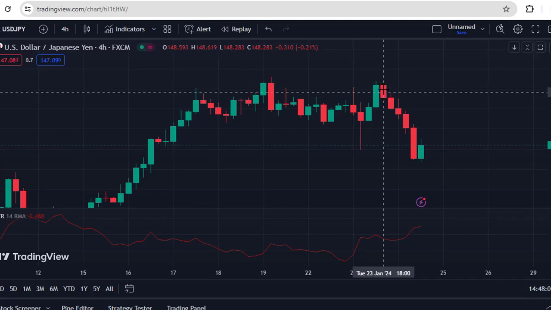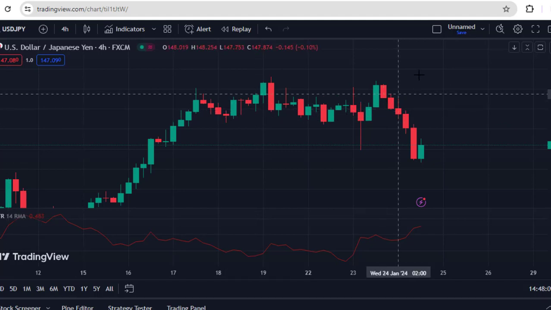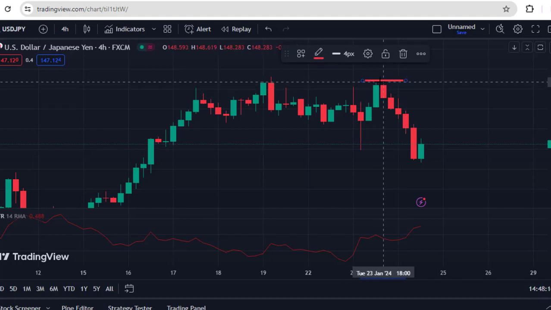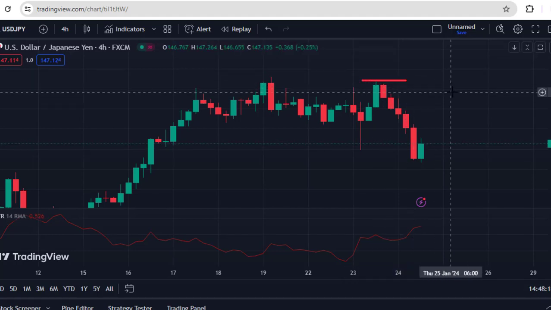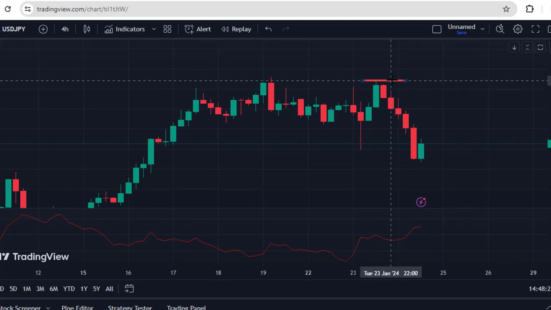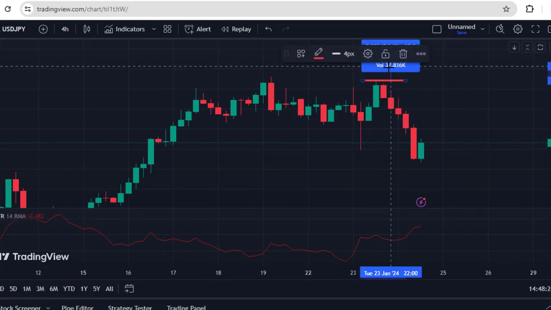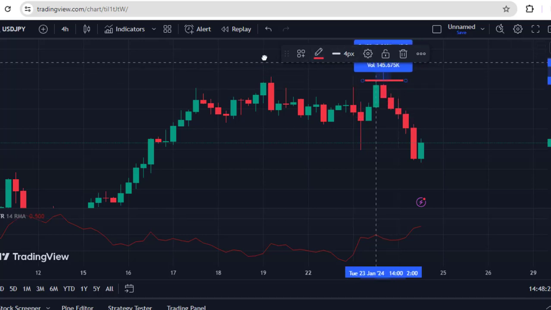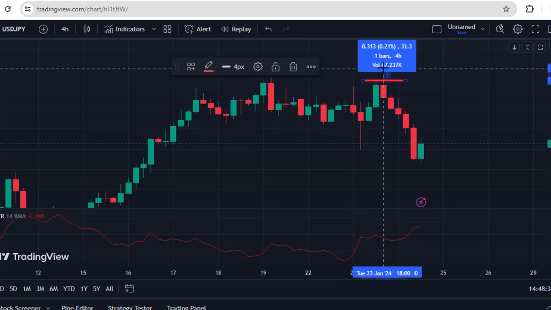Once you get the ATR value, you place this area on your chart as the high of this candle right here, and then you measure 24 pips upward. So from this point, I use my measure tool to measure 24 pips upward. If I get 24 pips upward right at this point, the score that 24 pips is around this area.